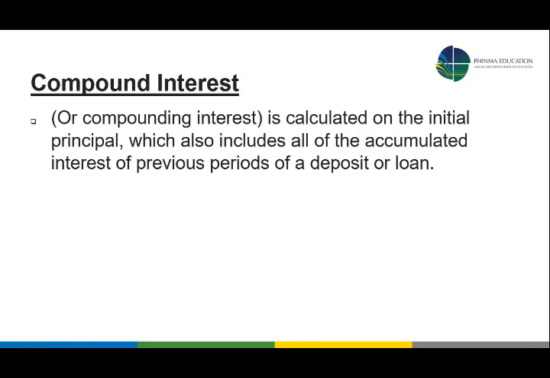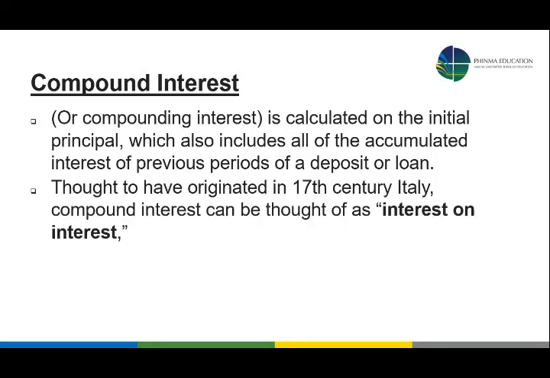Compound interest, or compounding interest, is calculated on the initial principal, which also includes all of the accumulated interest of previous periods of a deposit or loan. To emphasize, accumulated interest.